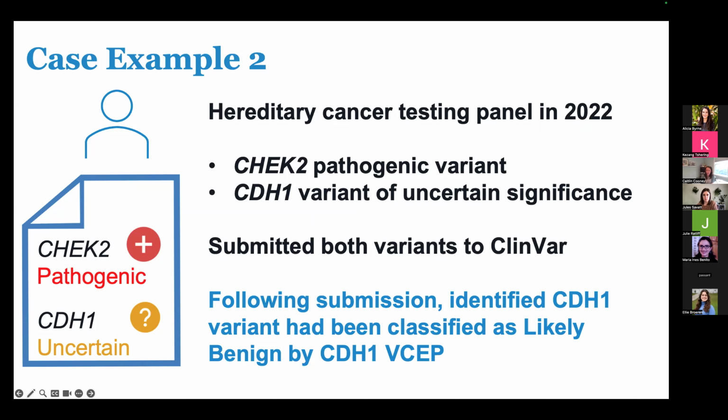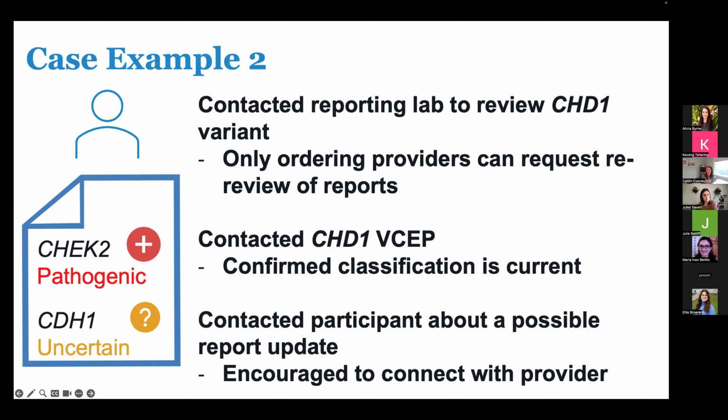We said, okay, thank you, totally understand your process, and reached out to the VSEP just to confirm that they still felt confident with this likely benign classification. And they did, and they felt comfortable. And so then we reached out to the participant about this possible report update, and we are encouraging the participant to connect with their provider so their provider can reach out directly to the laboratory in hopes of getting an updated report for them.